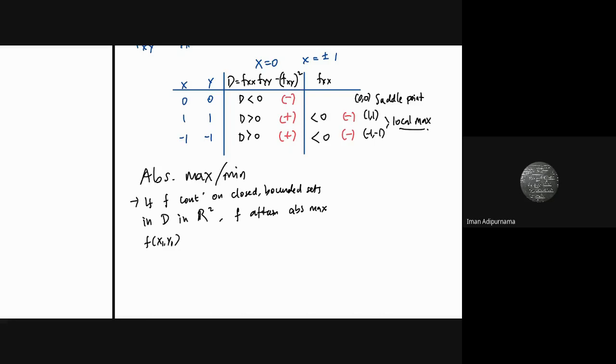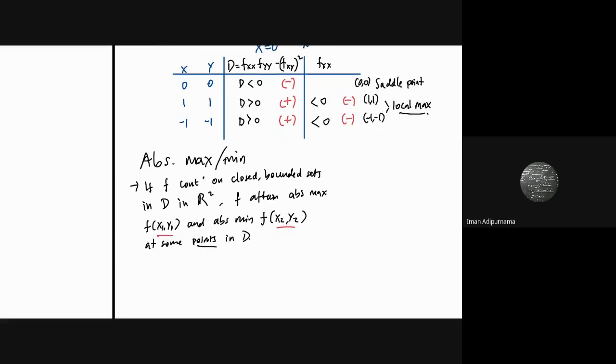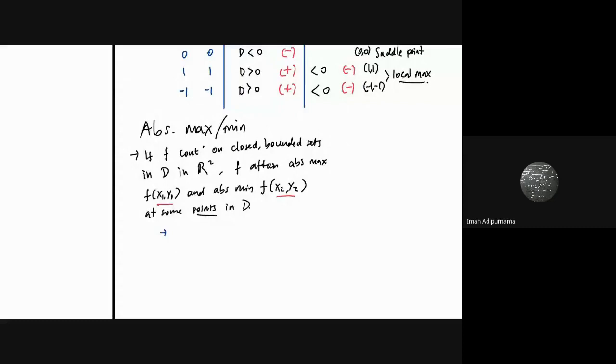If we have x1, y1, and absolute min at x2 and y2, at some points, indeed the points mean x1, y1, and x2, y2. How to make it happen is basically the same as in local. So first we need to define the critical point, but in the whole domain.